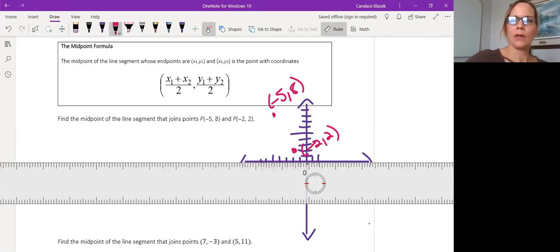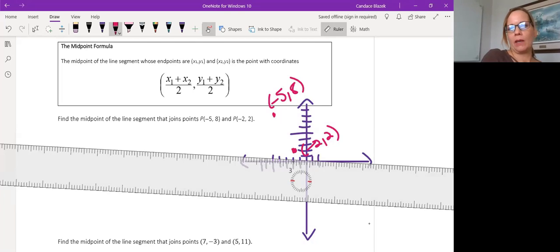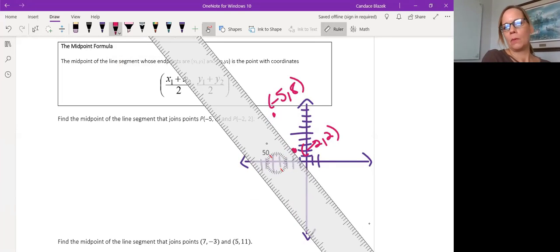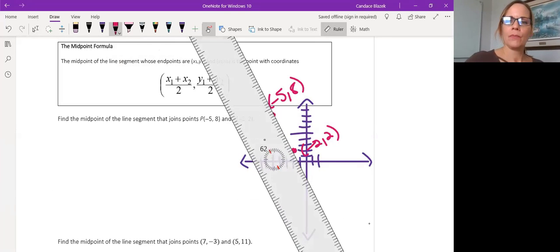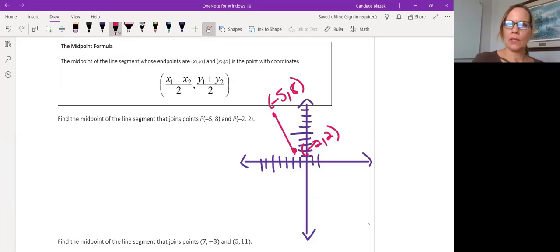All right, and here I have my ruler. This is my line segment. You could also say that represents the total distance. What the midpoint does is it finds the coordinate of the point that is equal distance between these two.